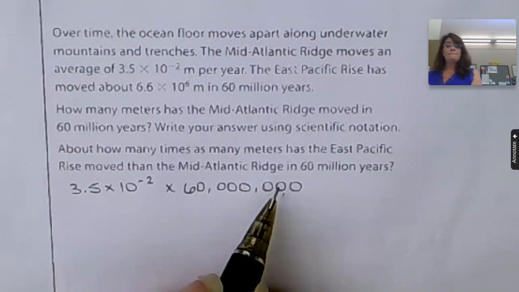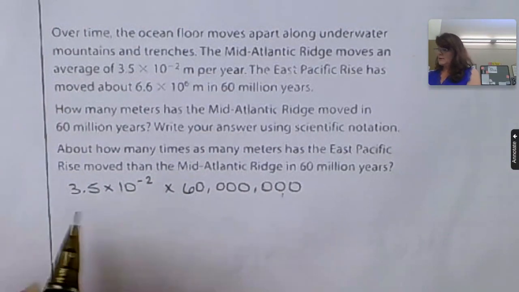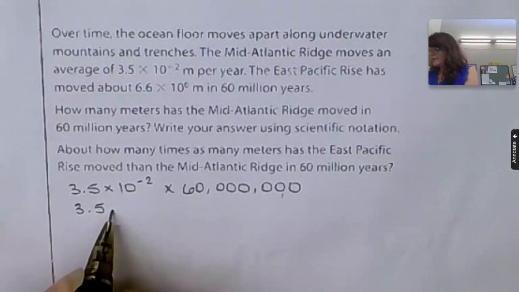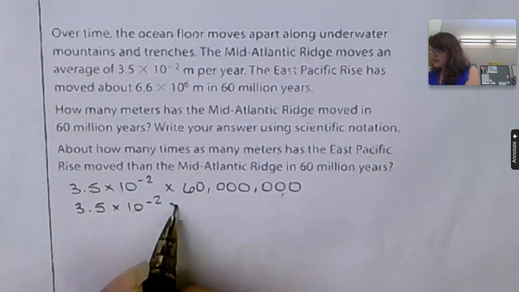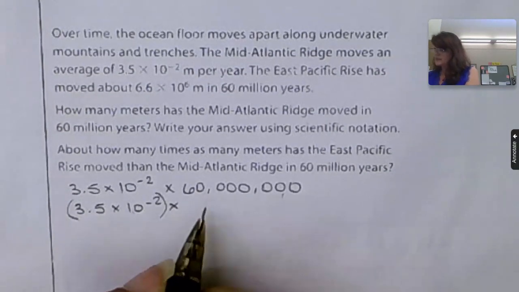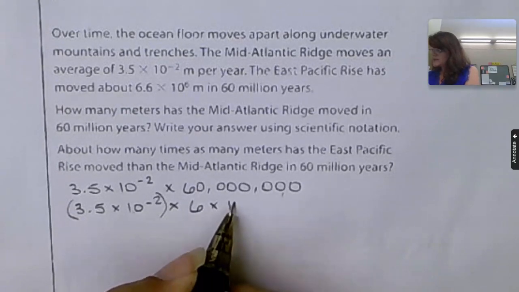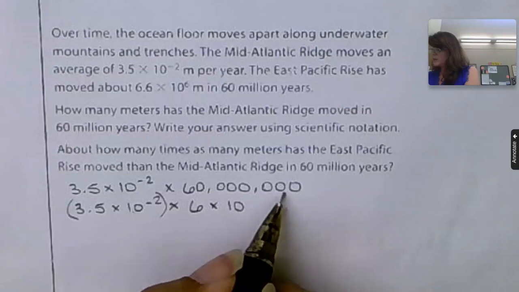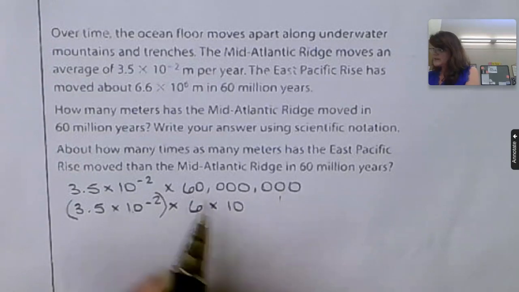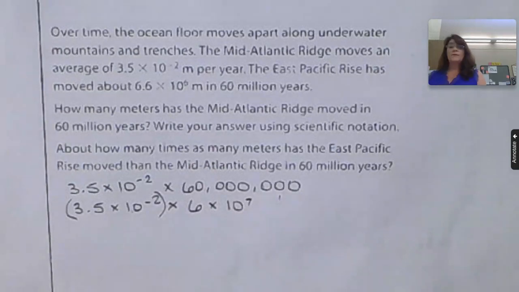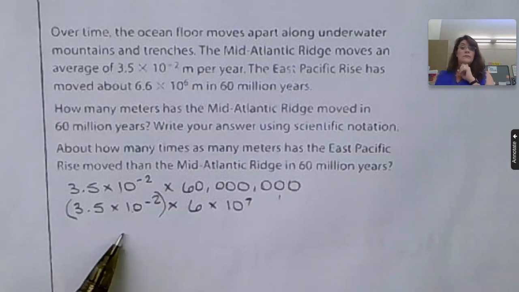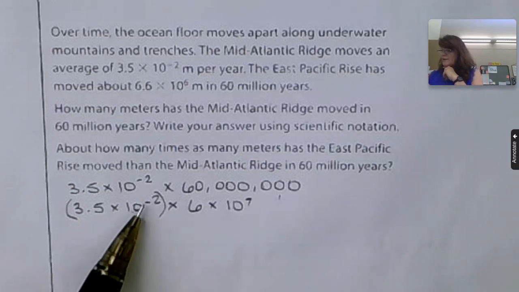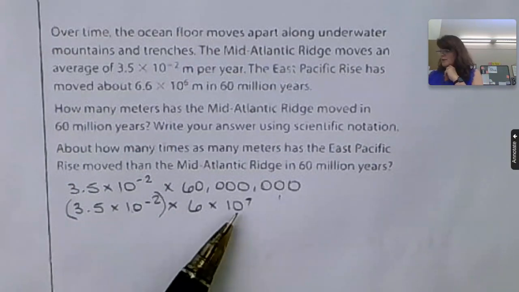Do we see that? 60 million. 3.15 times 10 to the negative 2 power times, and I'm going to put this as its own entity, 6 times 10 to the 1, 2, 3, 4, 5, 6, 7th power. Now, in order to deal with these, we would have to deal with the exponent piece of them.